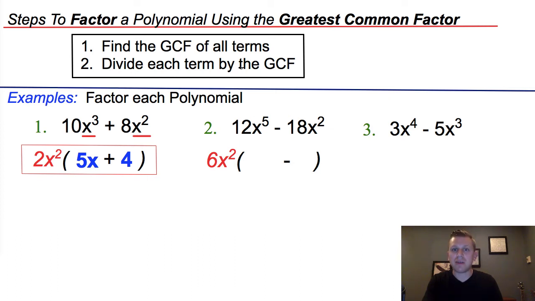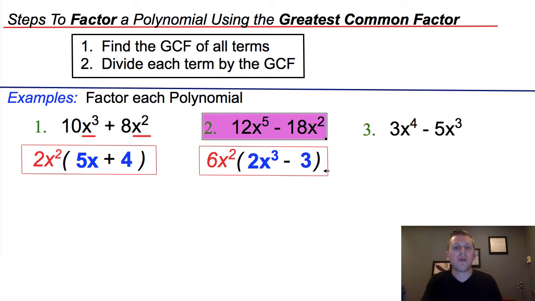Now divide each term by the GCF. 12x to the 5th divided by 6x squared, 12 divided by 6 is 2. X to the 5th divided by x squared, remembering that I'm going to subtract the exponents, I'll get 2x cubed. Now divide 18x squared by 6x squared, and I should get 3. If I want to check my answer, I can just distribute here to see that these are equivalent. Just one is in standard form, one is in factored form.